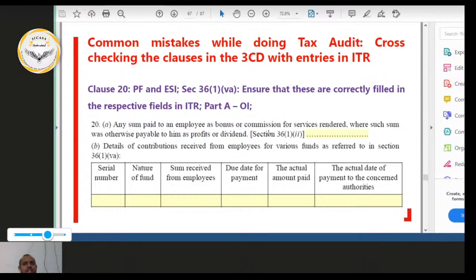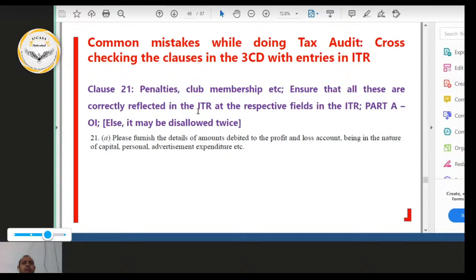Then PFPSI. So PFPSI, Part A-OI of the ITR, has to be mapped back to clause 20. That is to be ensured. You have to ensure that it is properly aligned. Like that, penalties, club memberships, etc. Ensure that the respective amount is sitting in the respective box of the ITR.